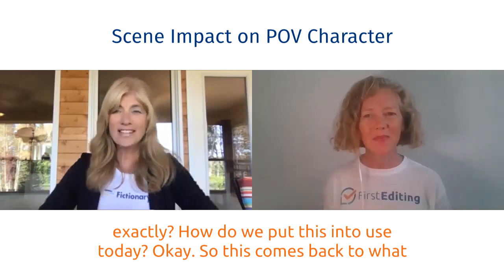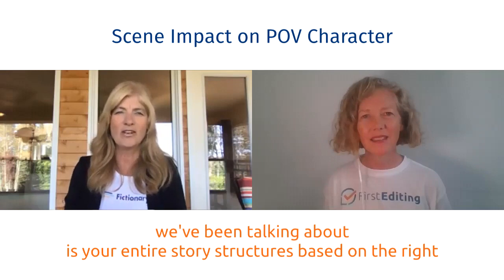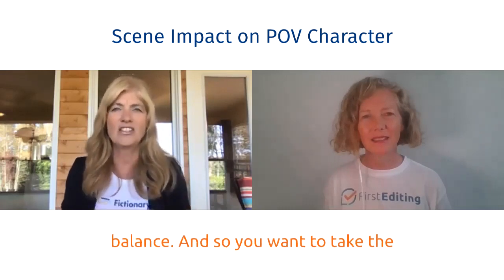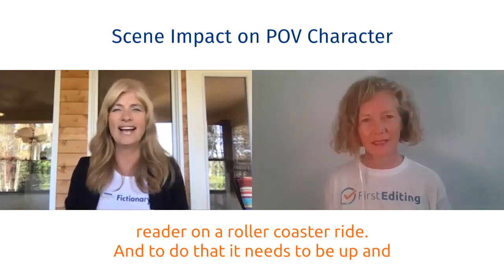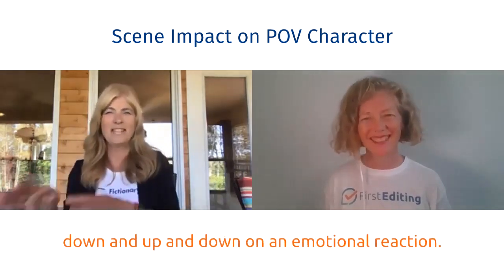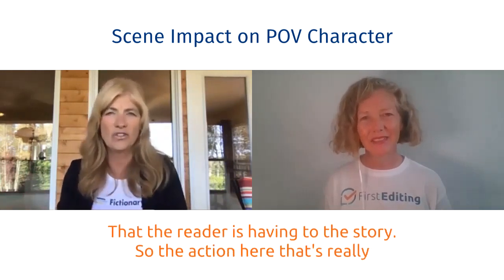Okay. So this comes back to what we've been talking about: your entire story structure is based on the right balance. You want to take the reader on a roller coaster ride. And to do that, it needs to be up and down on an emotional reaction that the reader is having to the story.